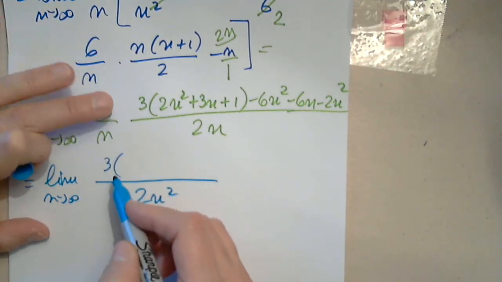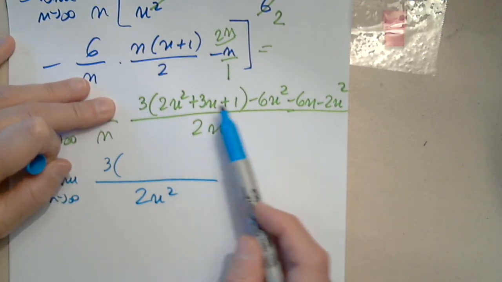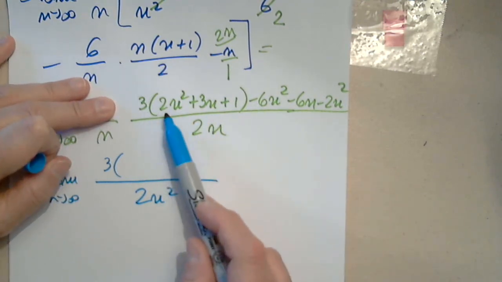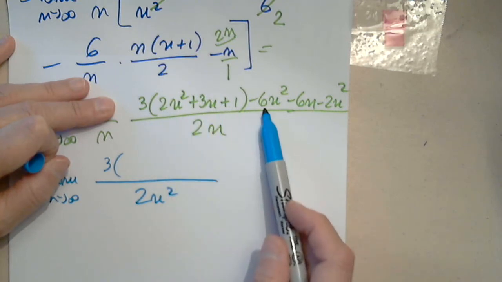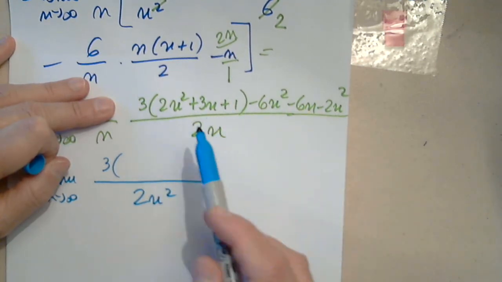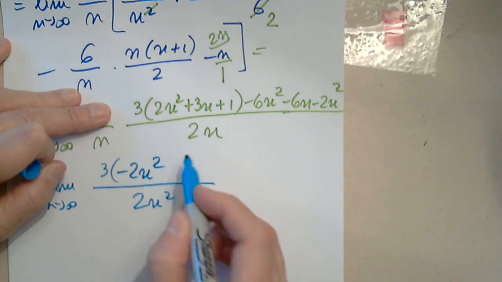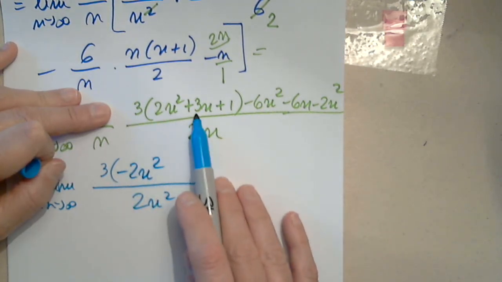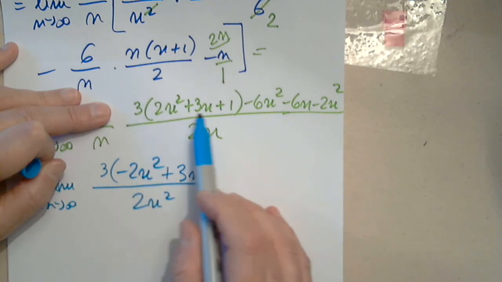So 3 is outside this 3, and now let's see what I get. 3n squared, oh nice, minus 6n squared is gone. 6n squared minus 6n squared. 6n, 6n gone. So these two are gone. 3 times, so there is a negative 2n squared. 3 times 3 is 9n minus 6n plus 3n, and 3 times 1 is 3.